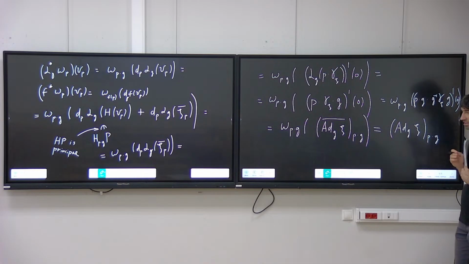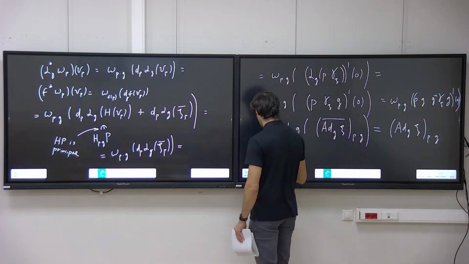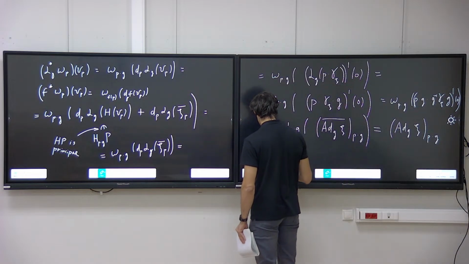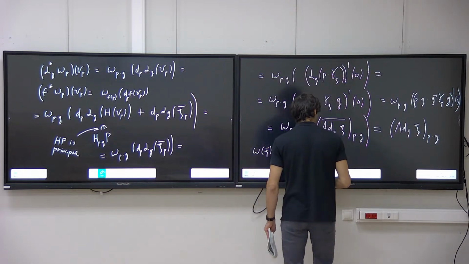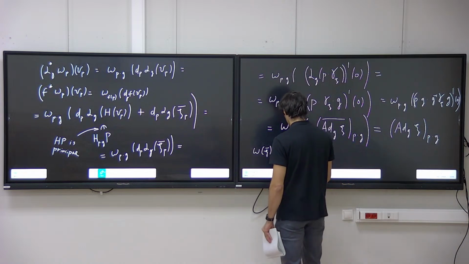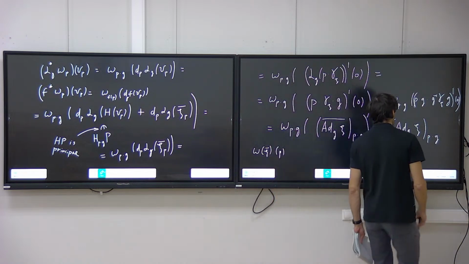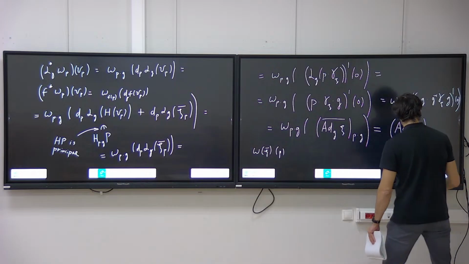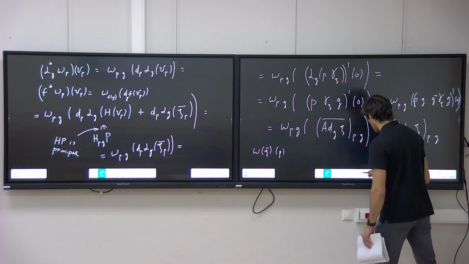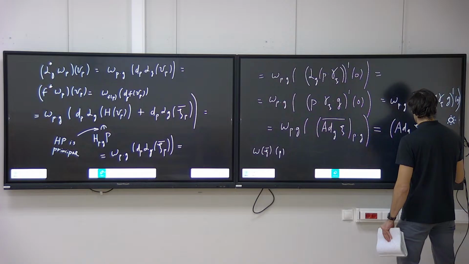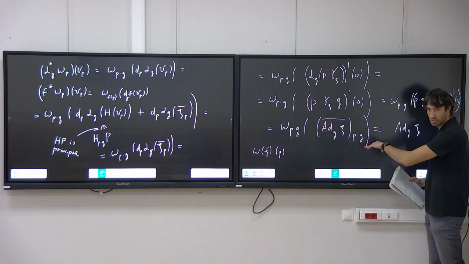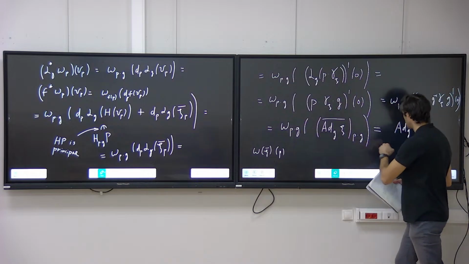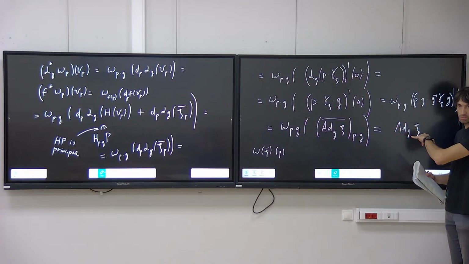That was exactly my condition, that omega of xi bar at some point p is, I shouldn't write this, right? So this is just like that. So this is a constant function, for each point it is just this element of the algebra.